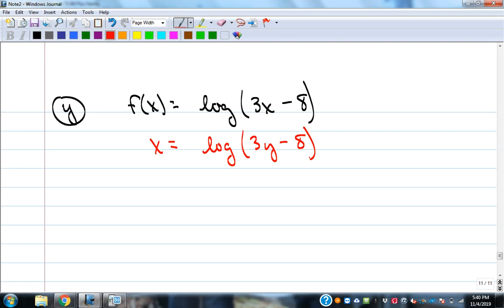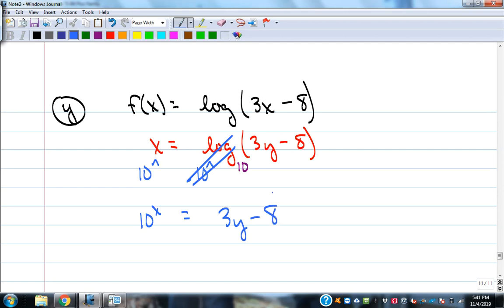How do I get rid of that log? That's exactly right. It is the understood 10. So I'm going to exponentiate with 10 as my base. Boom. 10 to the x equals 3y minus 8.